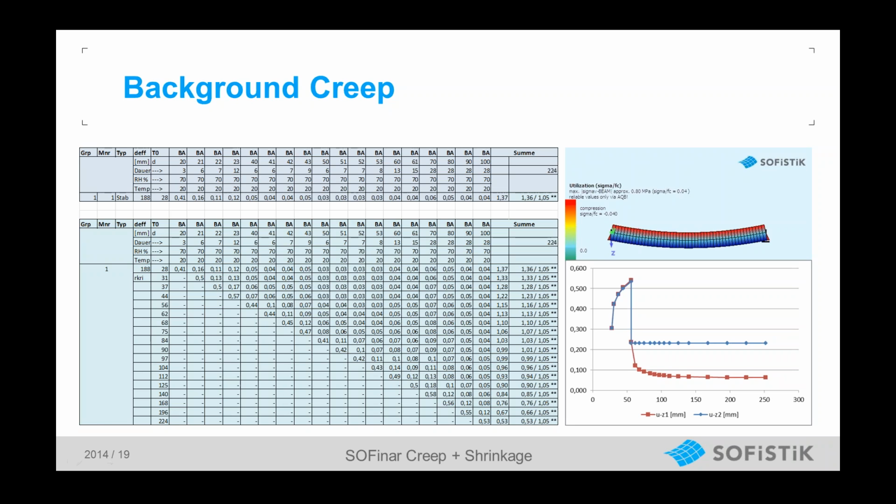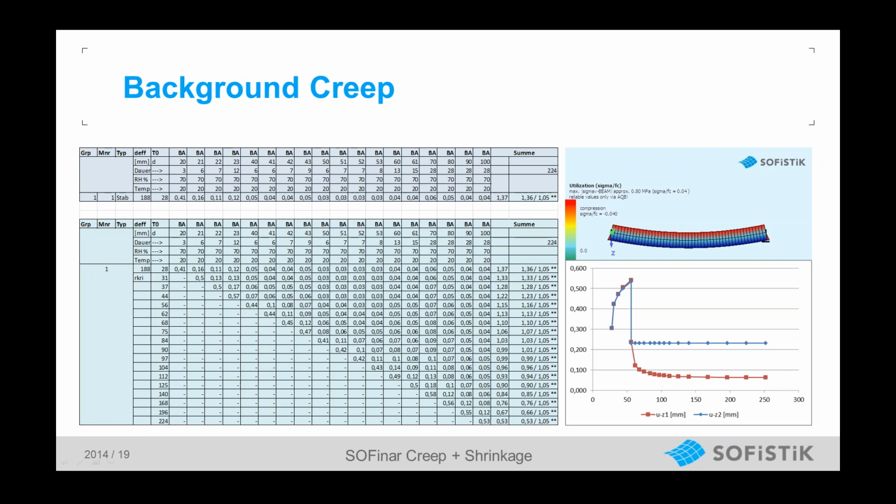And here on the right-hand side, you see exactly the results I introduced before in this little slide, with the little green and red lines, the displacement. So you see standard and real creep, the increase in the displacement after applying the loads is almost the same.